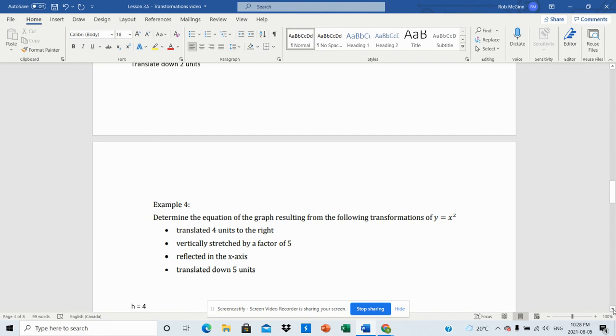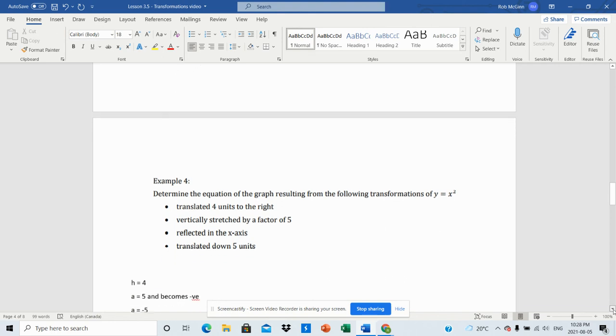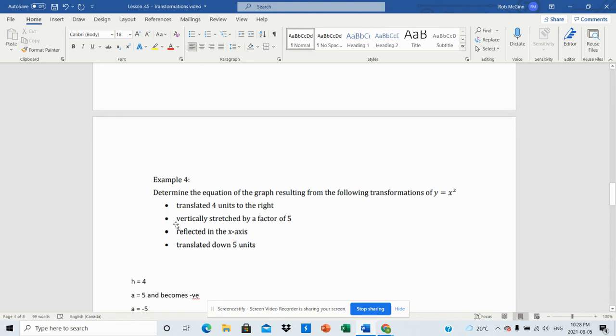We have a vertical stretch by a factor of 5. That's our a value. So a is 5. We're reflected in the x-axis, so that means our a is also negative. So a is actually going to become -5. And then finally, we translate down 5 units, which means k is also -5.